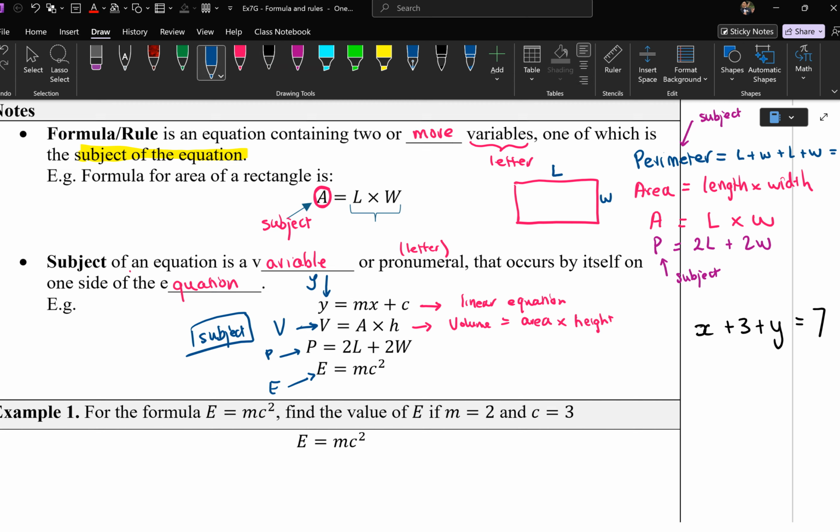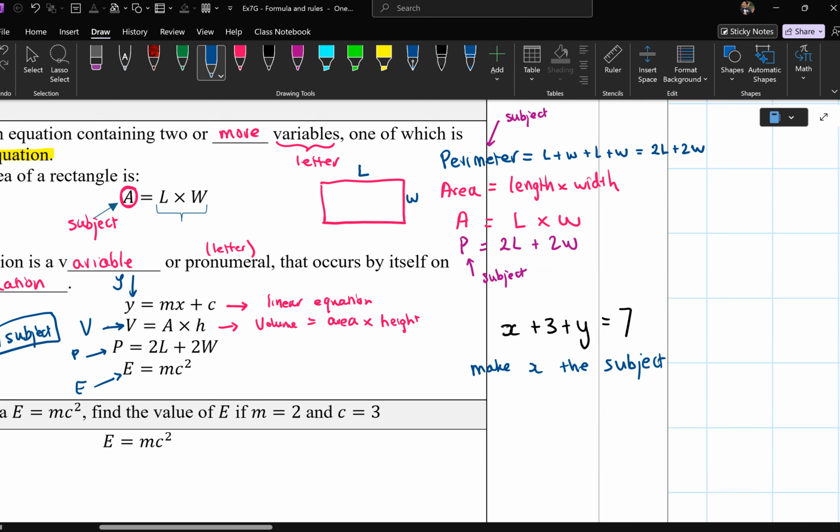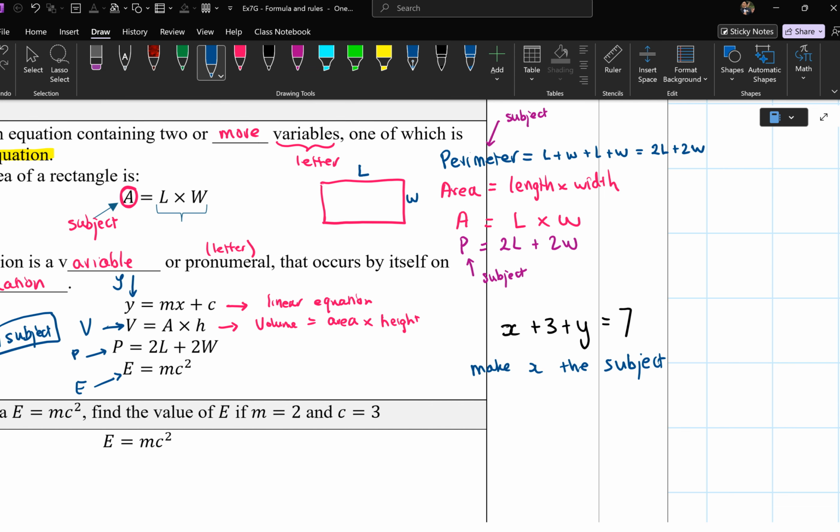If they ask you to make x the subject, what does that mean? What do they want you to do? So this is my rule. Here's my formula. What do they want you to do if they say make x the subject? What does that mean?